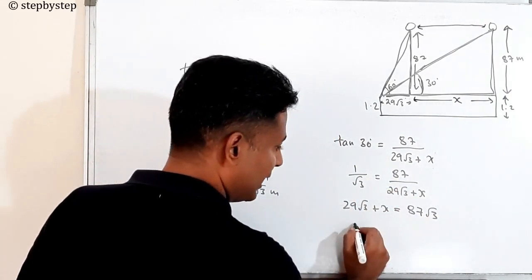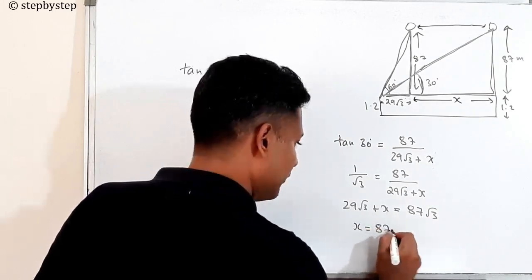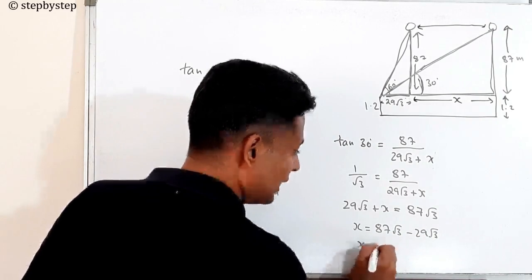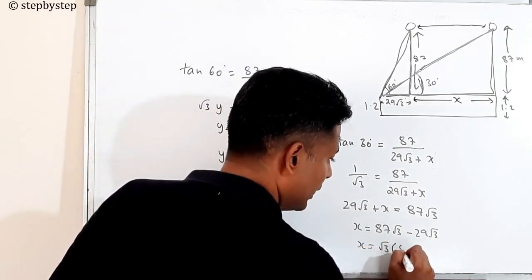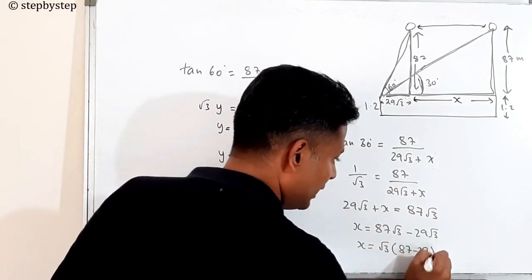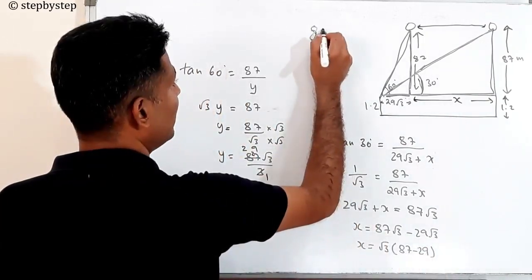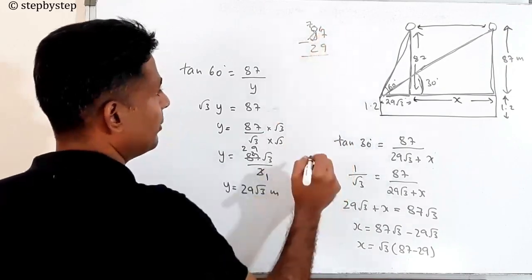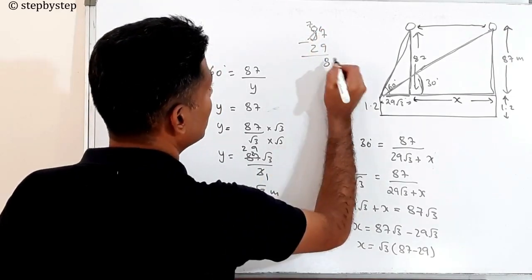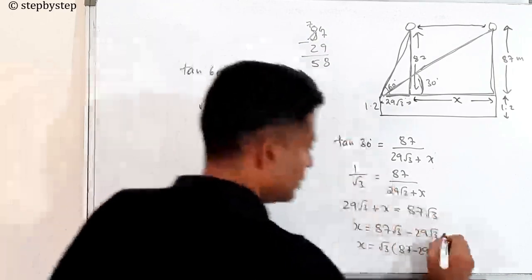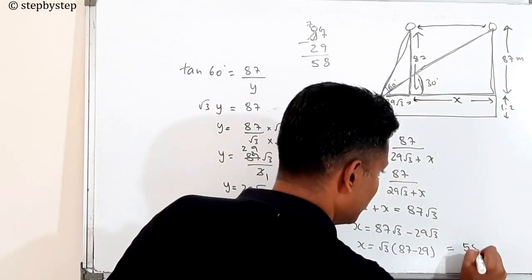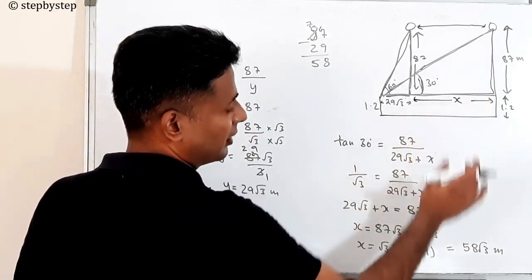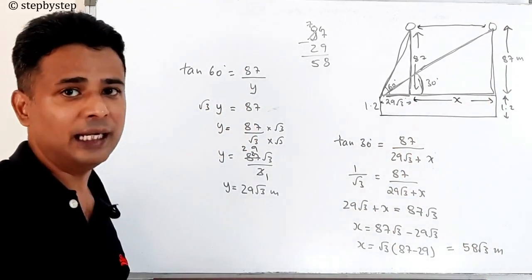Now taking this to that side, I get x equals 87 root 3 minus 29 root 3. Taking root 3 common, I get root 3 into 87 minus 29. So 87 minus 29 is 58. So I get x equal to 58 root 3 meters. Hence the distance travelled by the balloon is 58 root 3 meters.